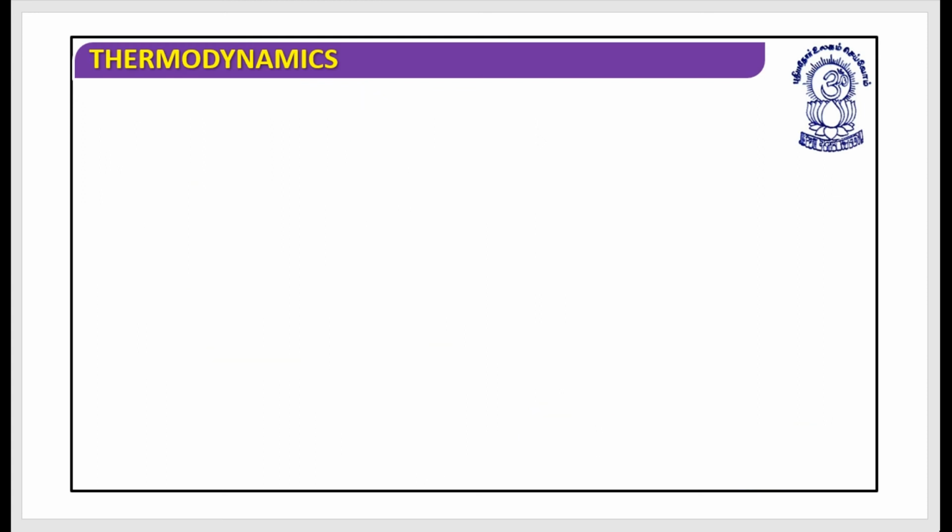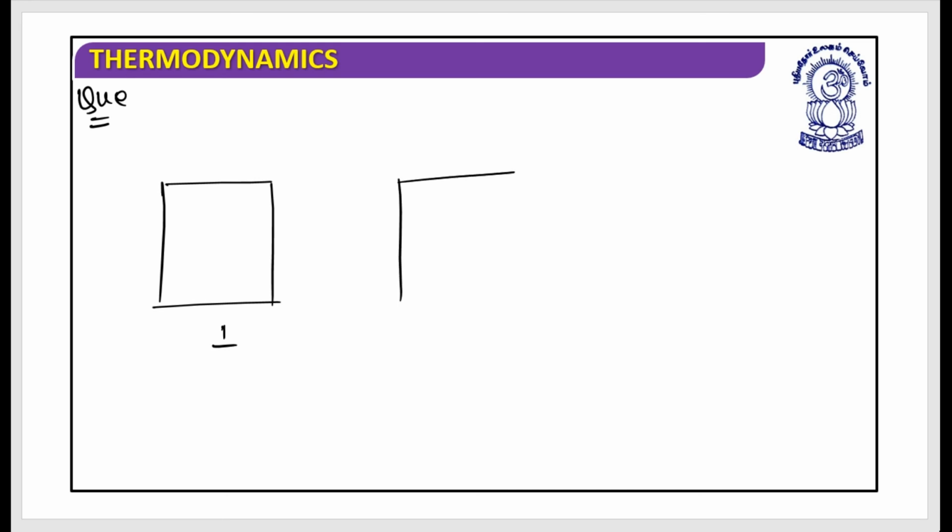So let me just describe the data on the imagination as well. Let's suppose this is the first engine and this is the second engine.